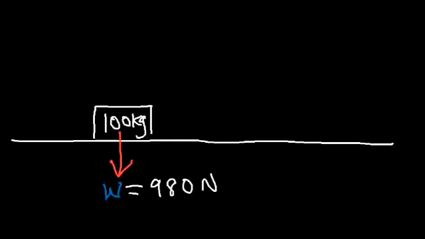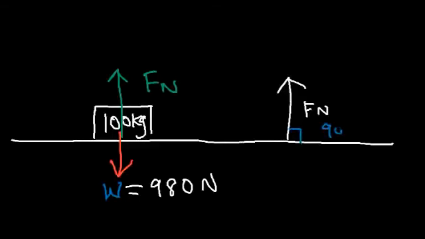The force that the surface exerts on the block is an upward force, and it's called the normal force. The normal force is exerted by the surface, and it's always perpendicular to the surface. It's always at a 90-degree angle with respect to the surface. This normal force has to be equal to the weight force.